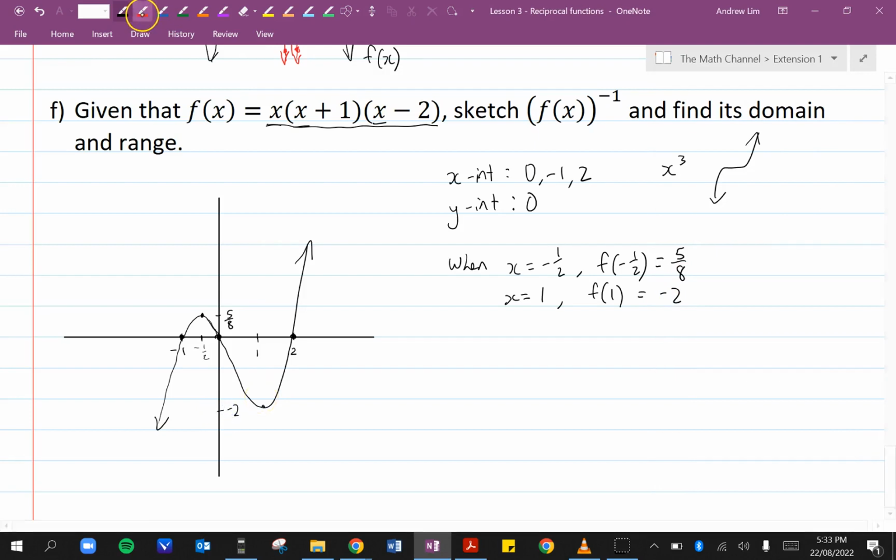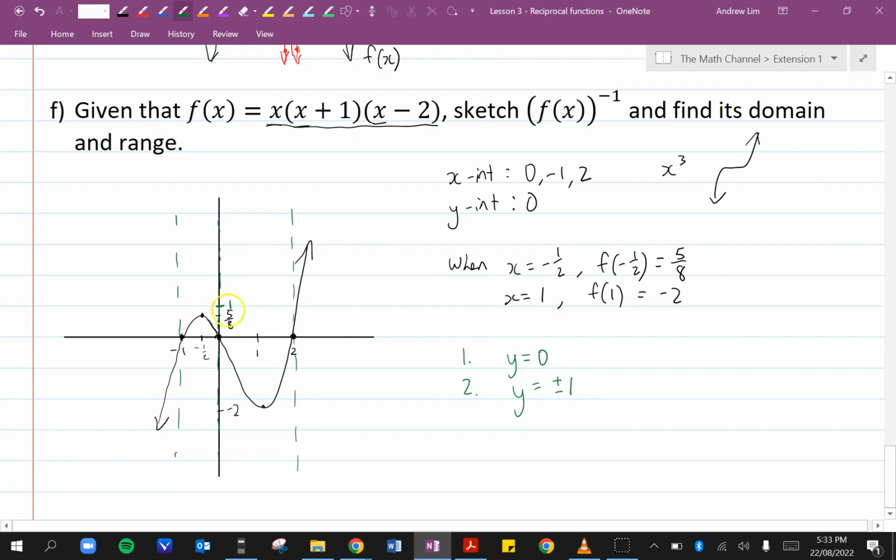All right, so now let's graph our reciprocal. We'll do it in green. First thing, the x-intercepts, when y is equal to 0, we know that these are vertical asymptotes. Boom, boom, and boom. Second thing, when y is equal to plus or minus 1. Now, 1 is more than 5/8, so let's just say that this is 1.